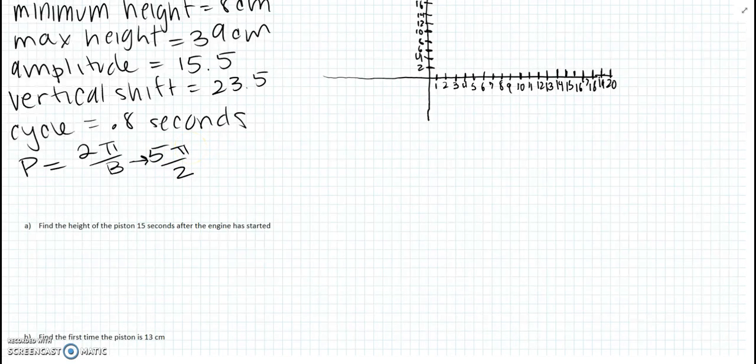There is no horizontal shift, and we also know from the equation, because negative 15.5 cosine is a negative graph, that our graph should be a negative cosine graph.